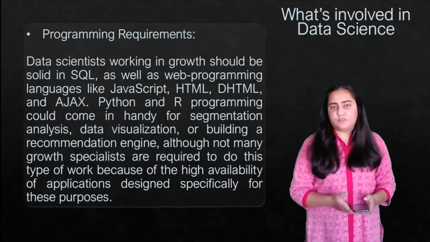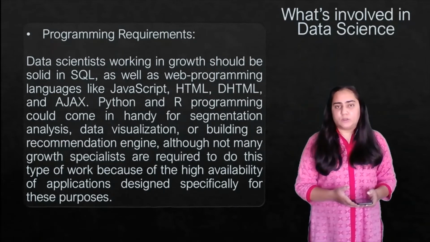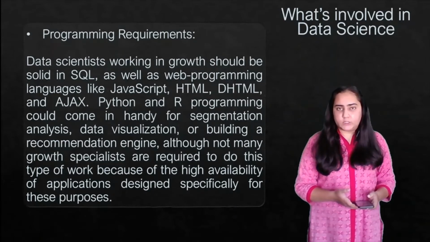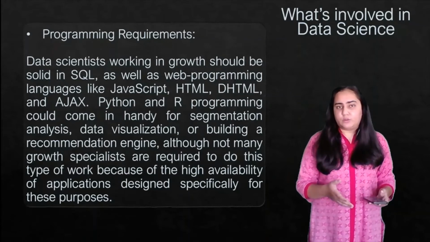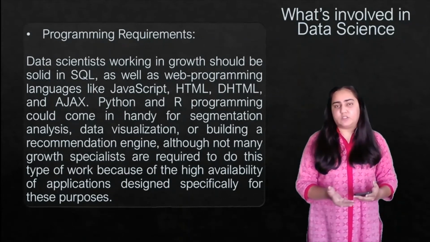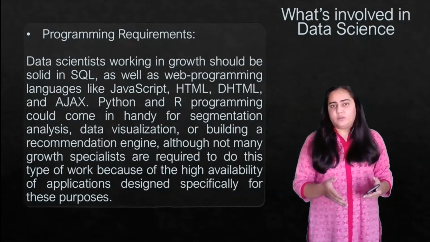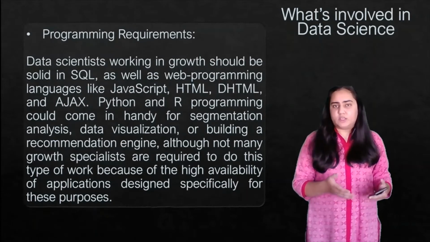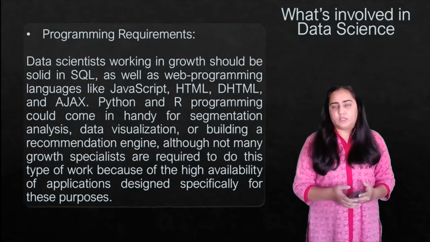They could come in handy for things like segmentation analysis, data visualization, or building a recommendation engine. However, all these things nowadays are available through applications that are specifically designed for these purposes. And so nowadays, having programming skills in Python and R is not so much of a requirement for data science involved in e-commerce.